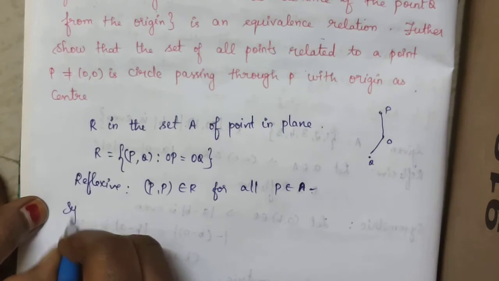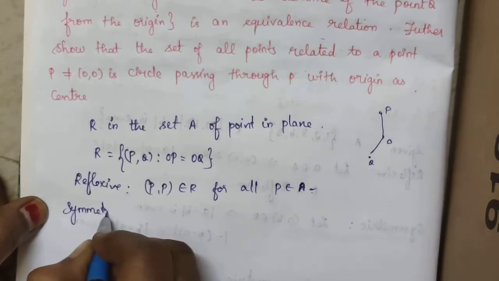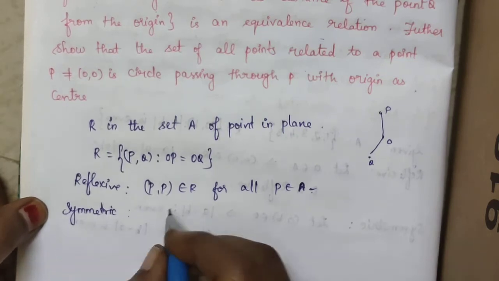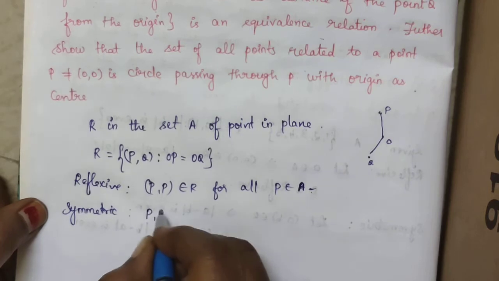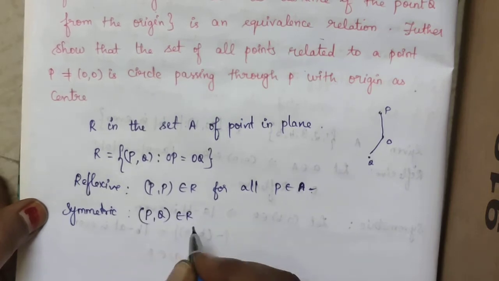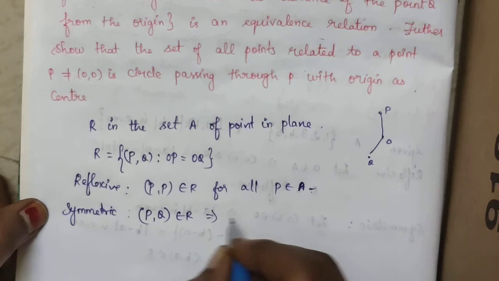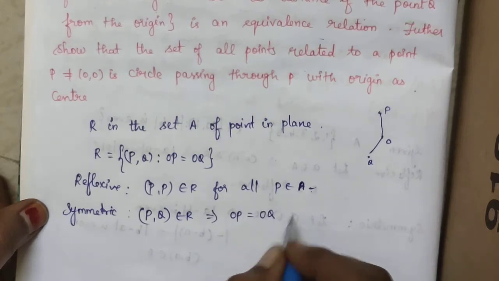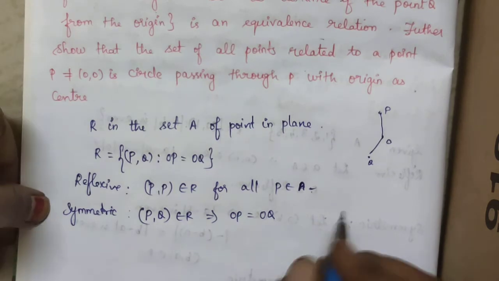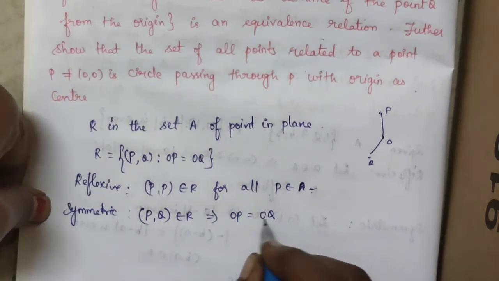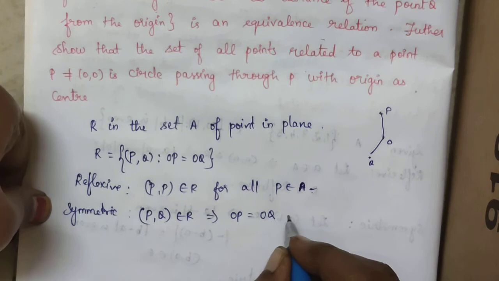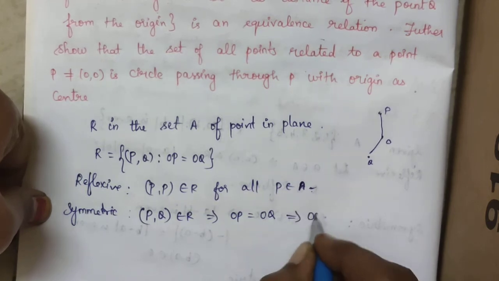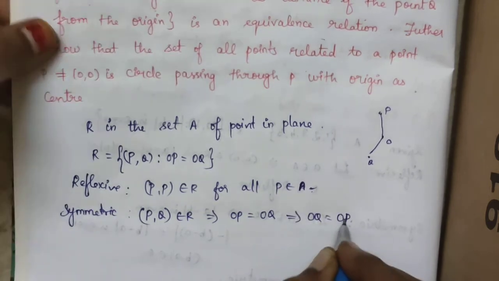Now symmetric. For symmetric, (P, Q) belongs to R. (P, Q) belongs to R implies OP is equal to OQ. Now I have to show that (Q, P) belongs to R. Since these two are equal, I can write OQ is equal to OP also.